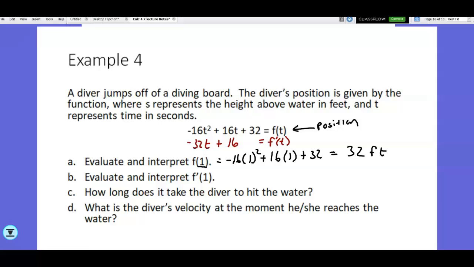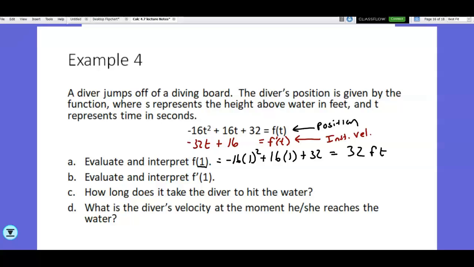But what does the derivative of position represent? Well, we just said on the last slide, the derivative of position is instantaneous velocity. Let me put instantaneous, because we have talked about two kinds of velocity, instantaneous versus average. And the derivative is an instantaneous velocity.